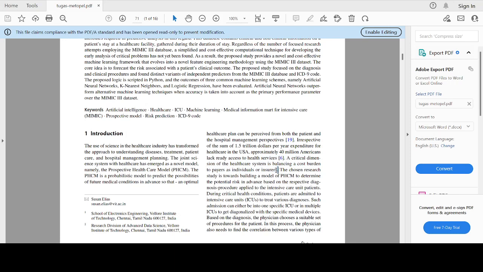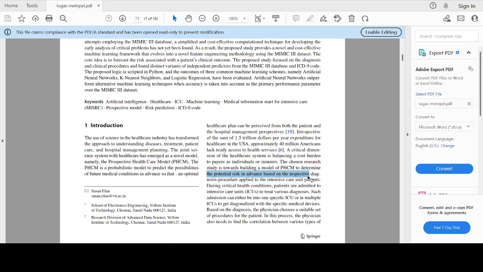So yes, asuransi dan individu. The chosen research study is towards building a model of PHCM, prospective healthcare model, to determine the potential risks in advance based on the prospective diagnosis procedure applied to the intensive care unit patient. Okay, so this is the aim of the study, the goal.